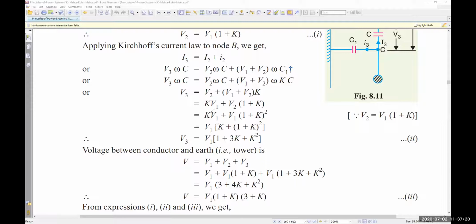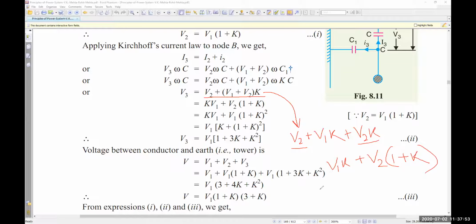No, not like that. From here, let's do the math. V2 plus V1K plus V2K, right? Yes. Let's write the V1K at the beginning, V1K plus, and from these two we can take V2 common. For V2 we have 1 plus K, right? Yes.